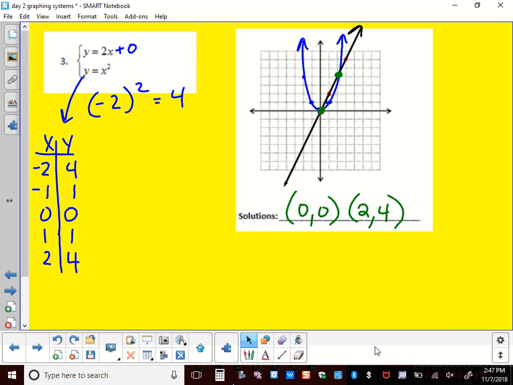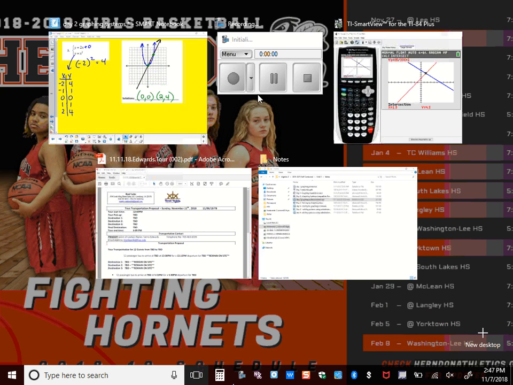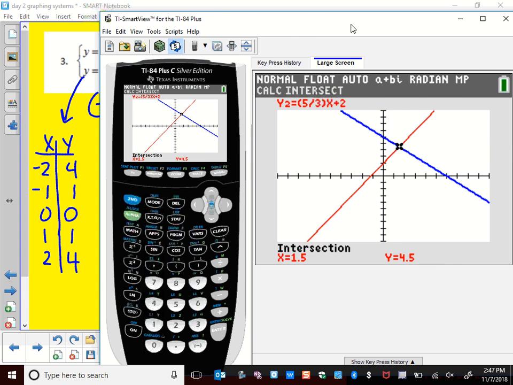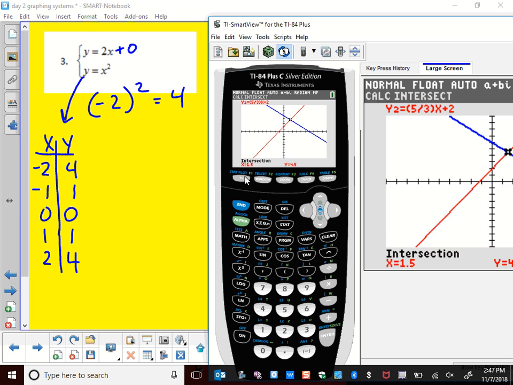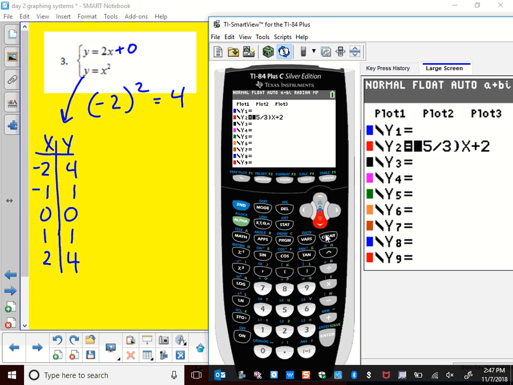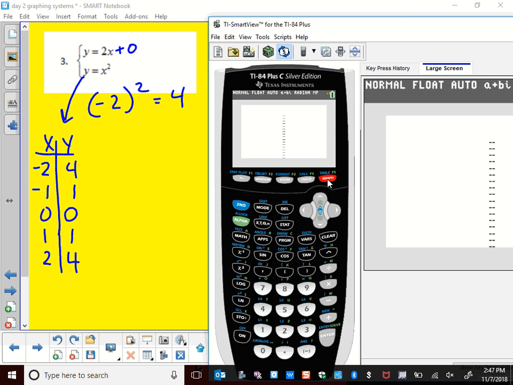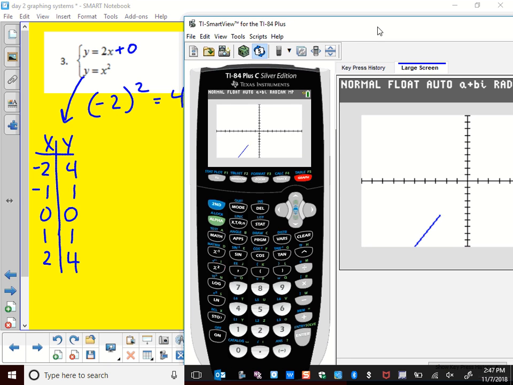What I would do to check myself is I would always look at my calculator. So if you were to graph this, Ronaldo and Brian, let's clear out everything. Type in what you see. 2x. Your second line is x squared. Graph it.